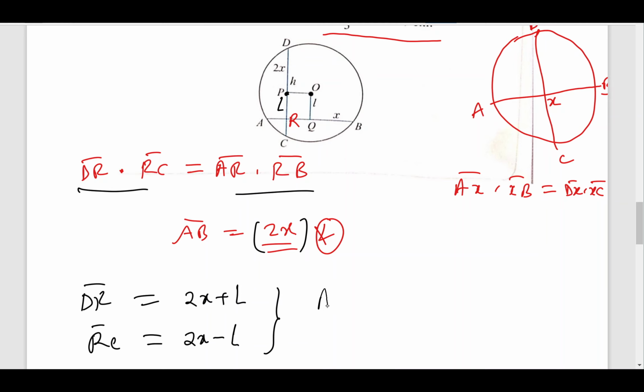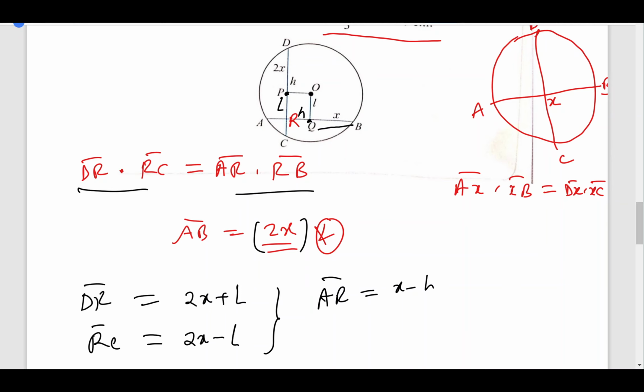Coming to AR, again, you have XC, here you have H, so it will be XC minus H. AR, because Q is the midpoint of AB, okay?